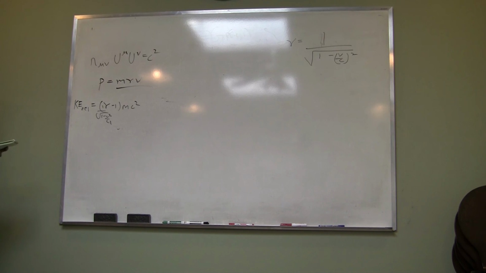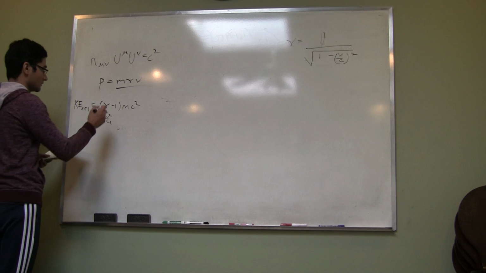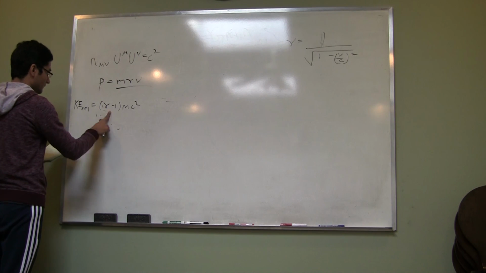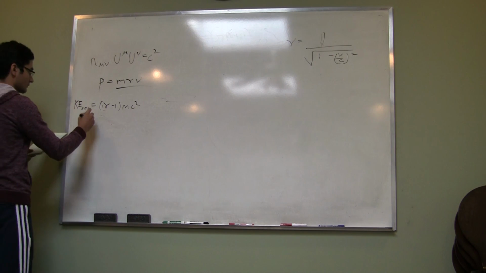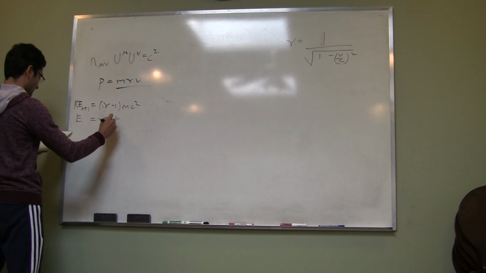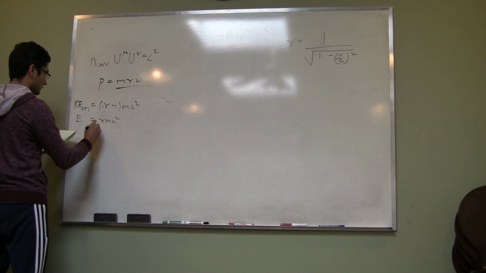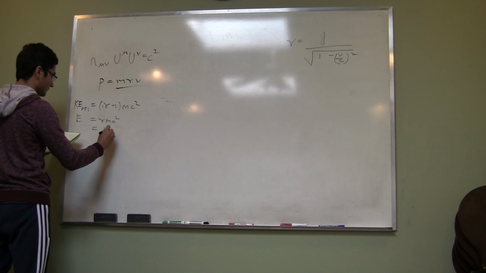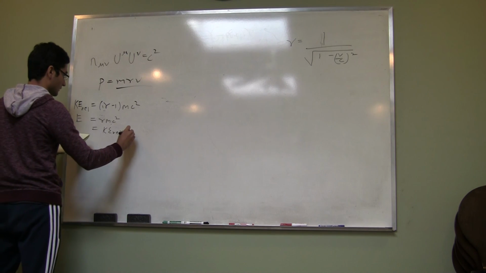So total relativistic energy is gamma mc square, which is equal to relativistic kinetic energy plus mc square.